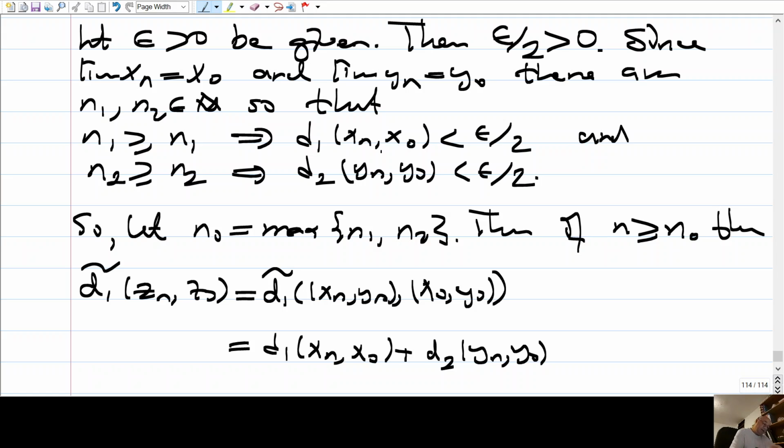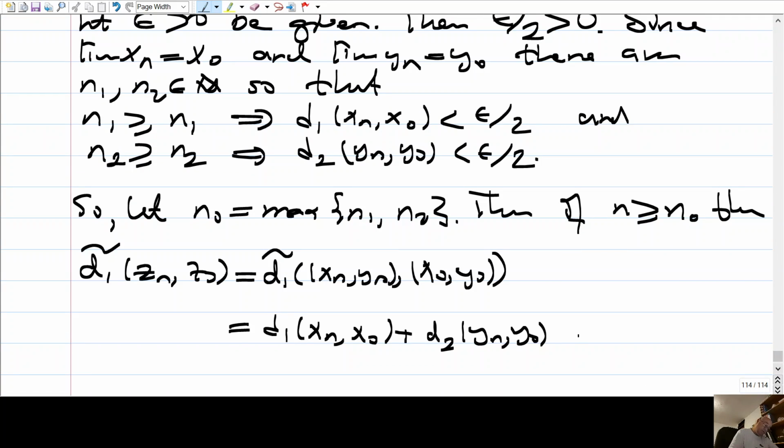But if this is the case, then this first term is less than epsilon over 2, and if n is larger than n0, then n is larger than n2, and if n is larger than n1, then I have that this second term is less than epsilon over 2, so this is what we get.